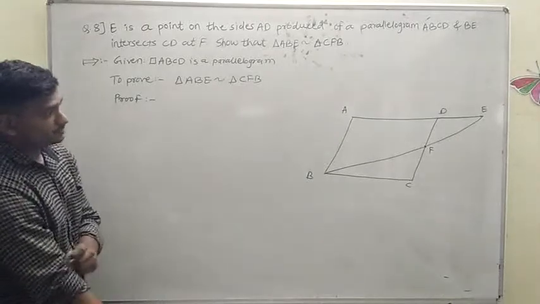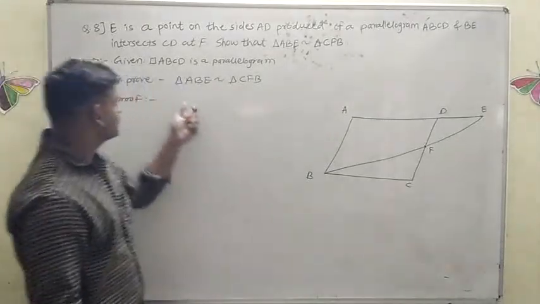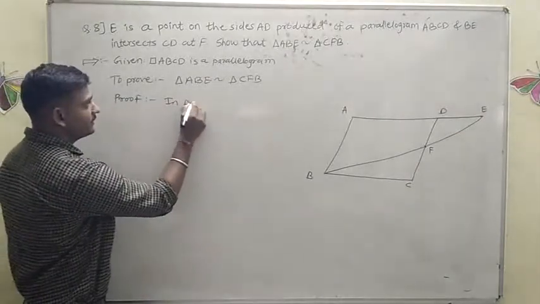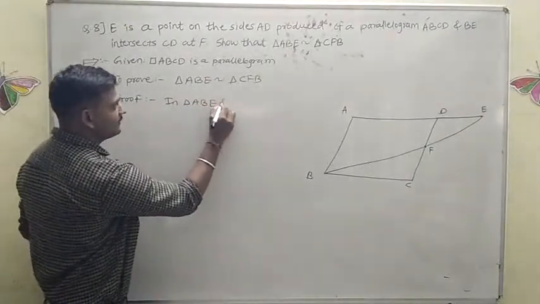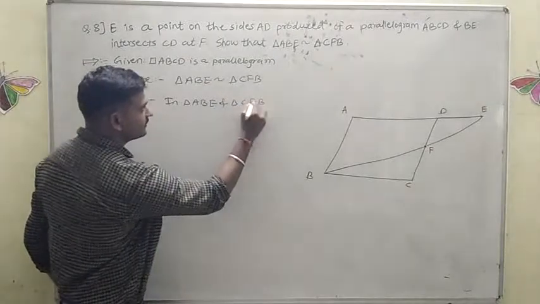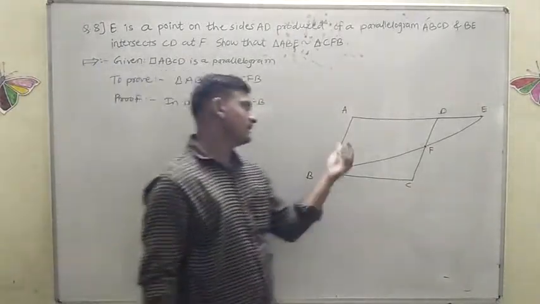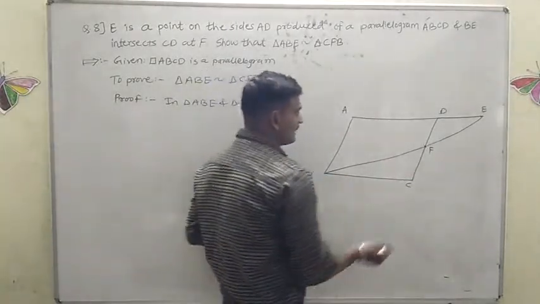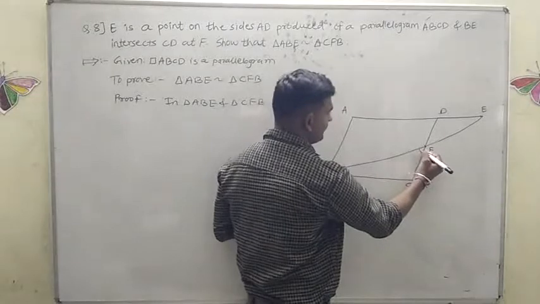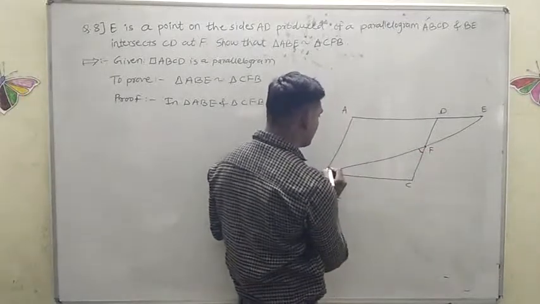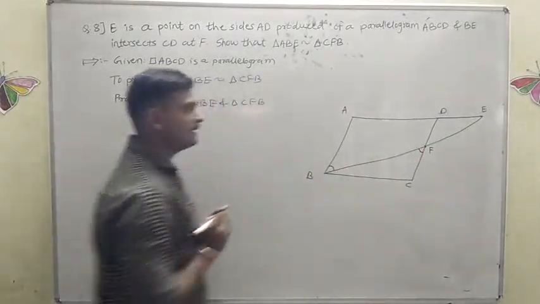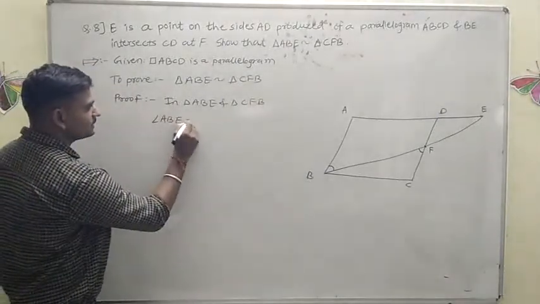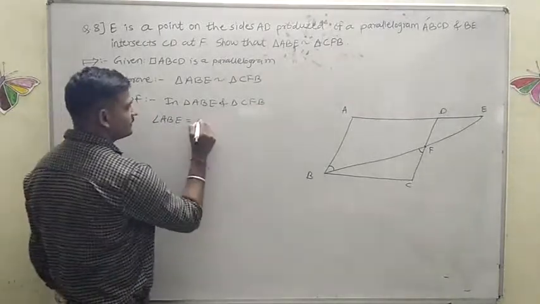Now, we consider these two triangles, triangle ABE and triangle CFB. Observe in these two triangles, can I say that angle ABE is equal to angle CFB?